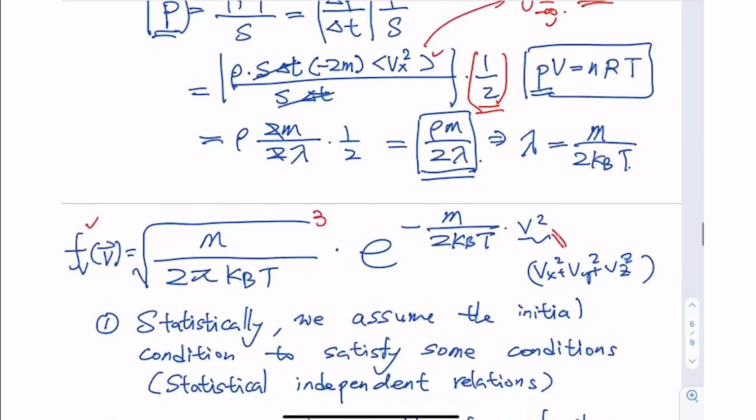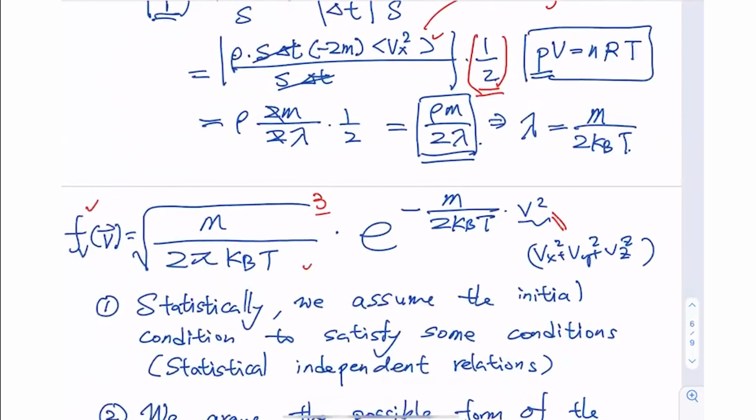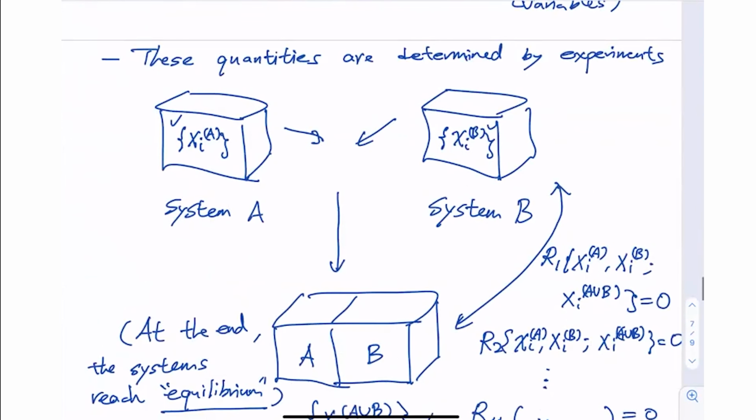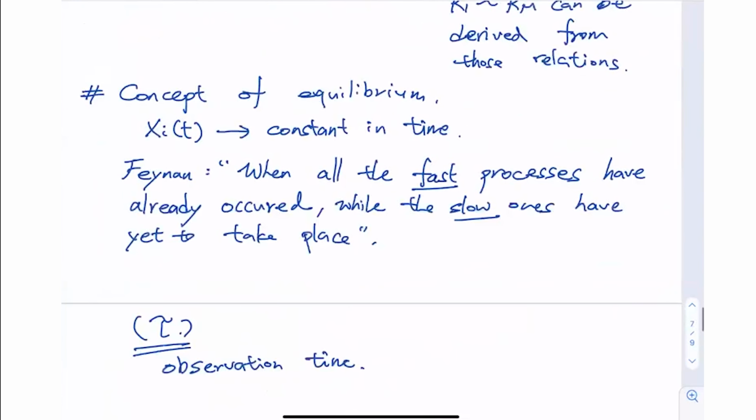That means the normalization constant should be raised to the power of 3. That's something I missed in my handwriting, so there should be a 3 there. I think that's what I have in mind. So are there any questions so far?